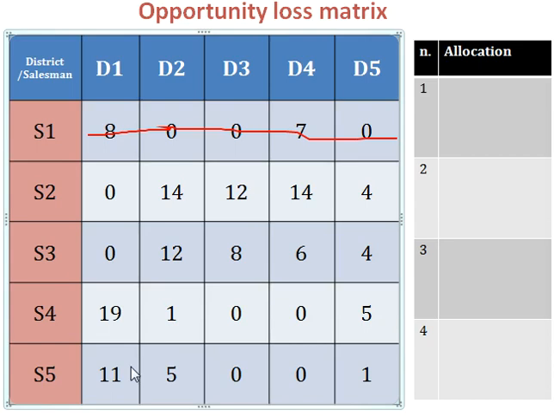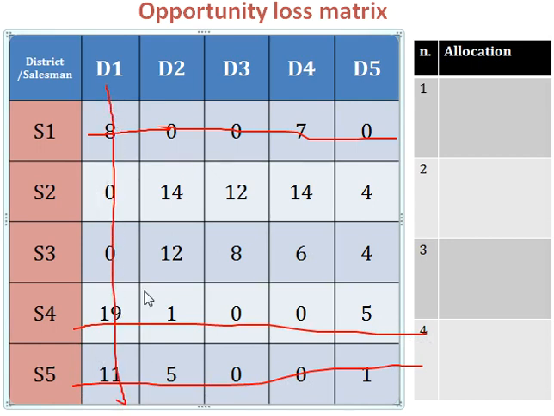The next line we can have is this one, this one, and this one. So the number of lines we calculate is 1, 2, 3, and 4. So again the number of lines is not equal to n. The matrix is n equal to 5, because the matrix is 5 by 5.